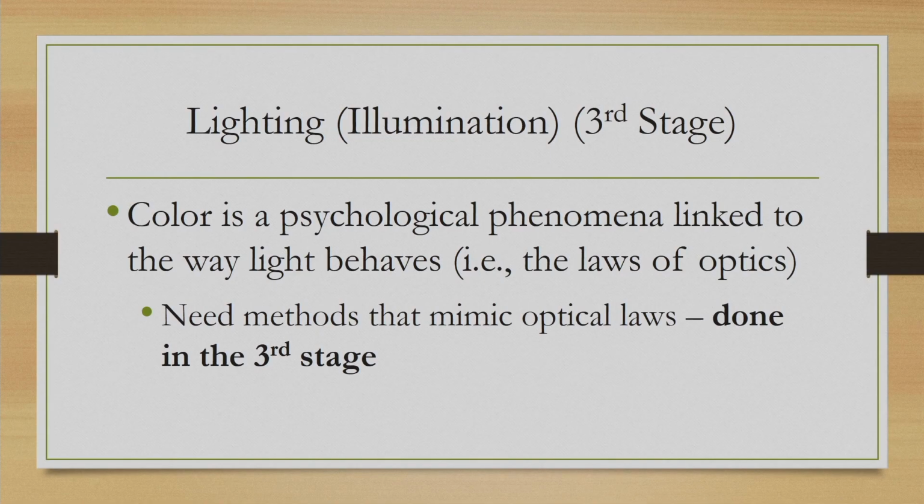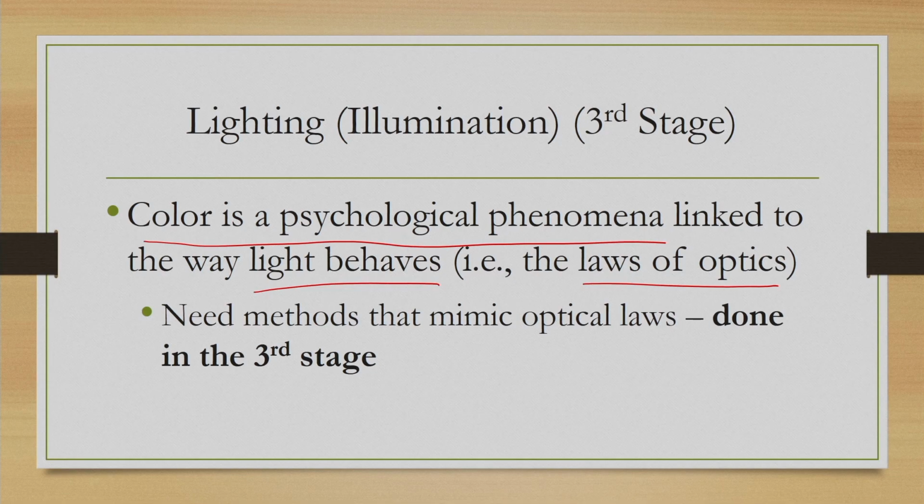Now, as probably you are aware, color is a psychological phenomenon, and this is linked to the way light behaves, or in other words, this is linked to the laws of optics. And in the third stage, what do we do? We essentially try to mimic these optical laws.